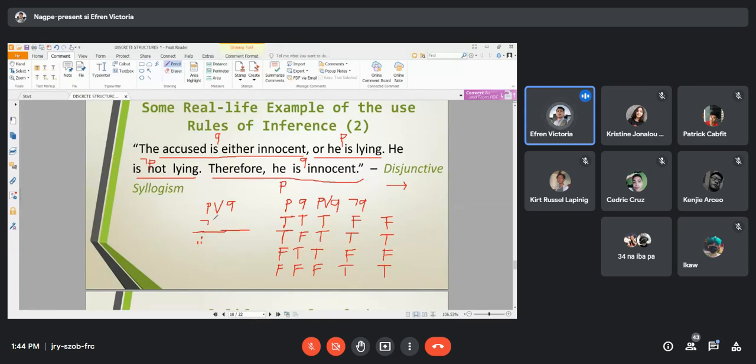Ito ay P. Ito ay Q. So, ito papalitan natin ng not P. So, may iba tong mga ano natin.